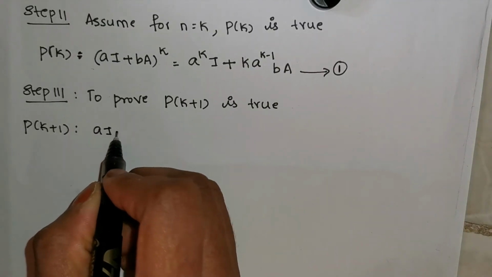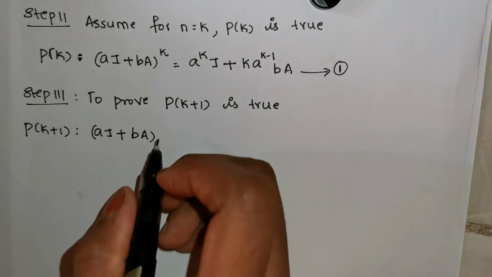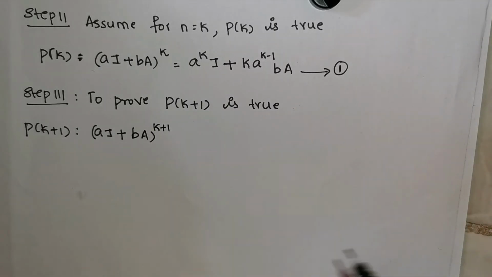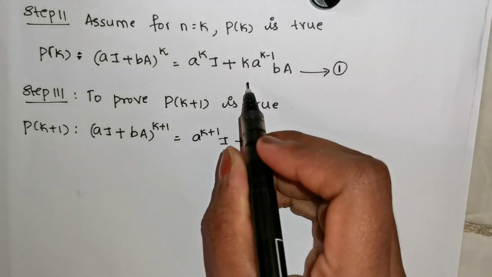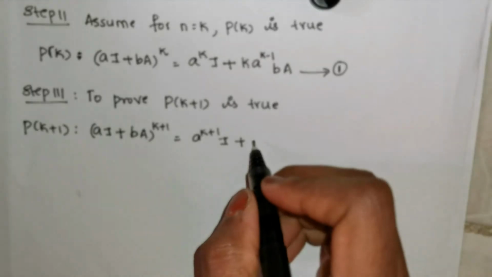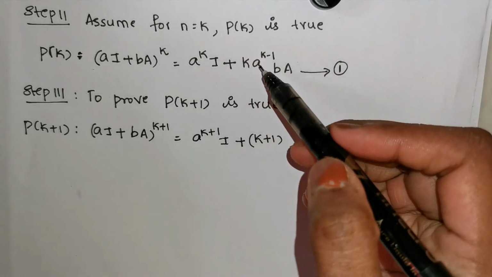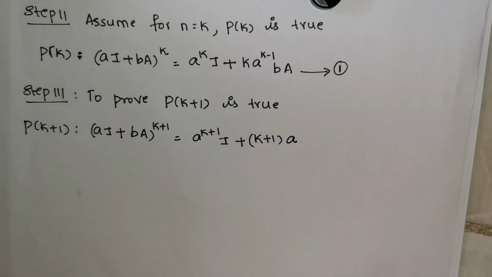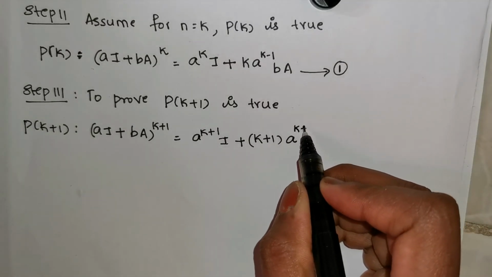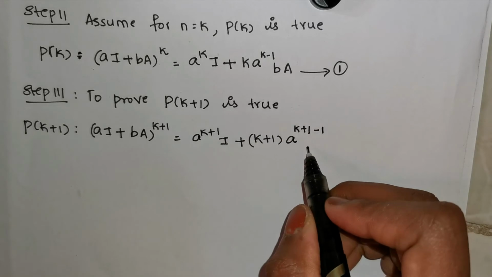So (ai plus ba) the whole raised to k plus 1 is equal to a raised to k plus 1 i plus, here instead of k, k plus 1, again k plus 1, so that is k plus 1 a raised to k minus 1, and here instead of k we write k plus 1, so minus 1, into ba.